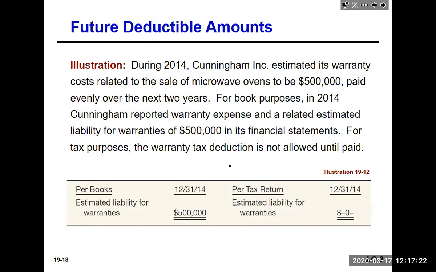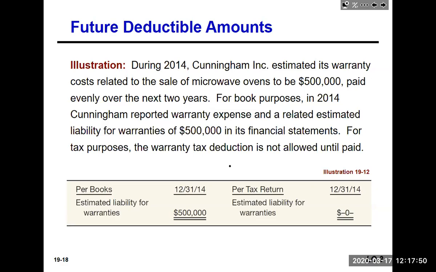But for the tax return, you're not going to be allowed to take that warranty tax deduction because it's an estimate. It's not cash-based. So what do you do? Well, if you've got $500,000 in expense, you're going to have to add it back to your income tax books. Think about it in terms of your financial statement books and your income tax books. You do have 2 sets of books going on at once.